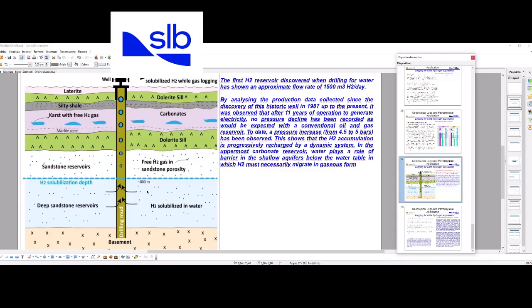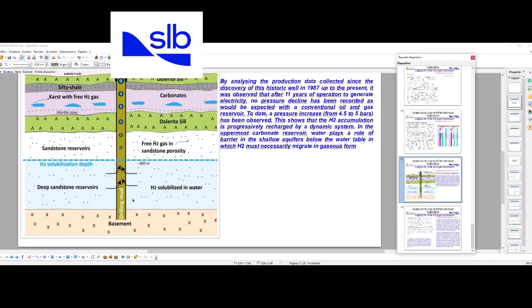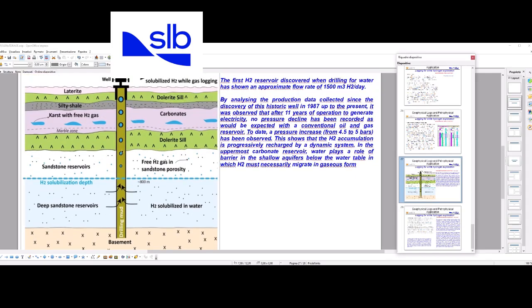The hydrogen was solubilized in water. So it's complex to plan extraction. We need two different techniques for extraction because we have karstified reservoir and free gas and also hydrogen solubilized in water.